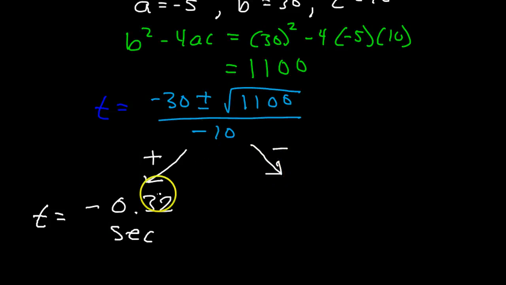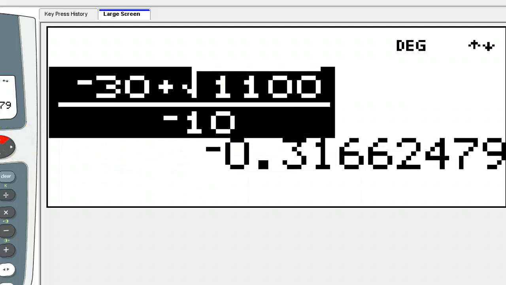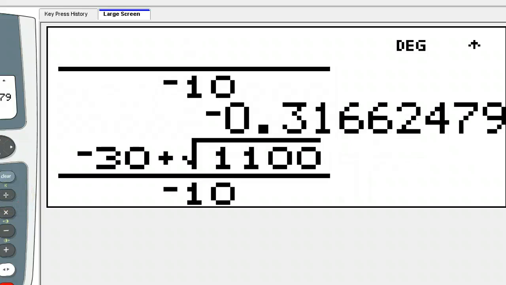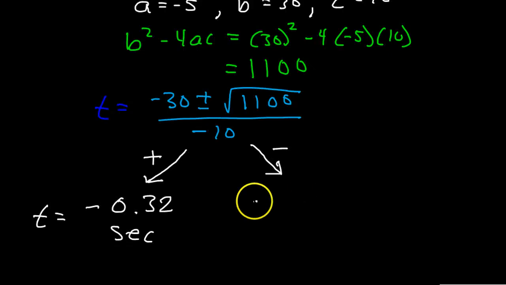Okay, let's do the minus version now. I could type it in again with a minus, but I could just come back here, highlight this, scoot over to that sign, which is right now a plus, make it a minus sign and hit enter. So that's 6.32, rounding up.